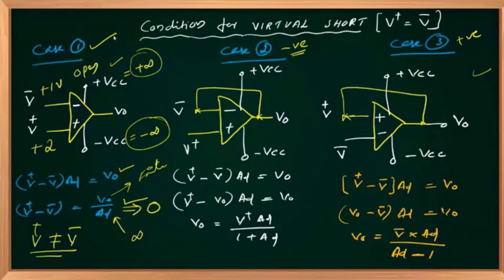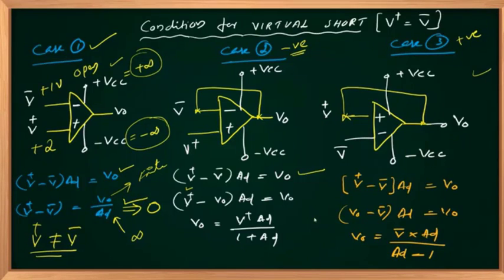In the second circuit, V plus minus V minus multiplied by AD will give you your V out, as we discussed here. My V plus is V plus itself, and V minus I have connected to V out. So V plus minus V out, times AD, equals V out.